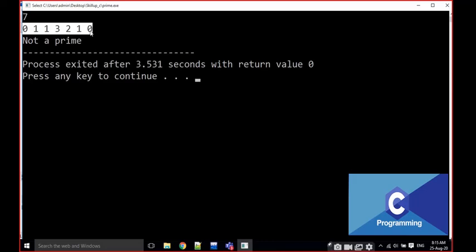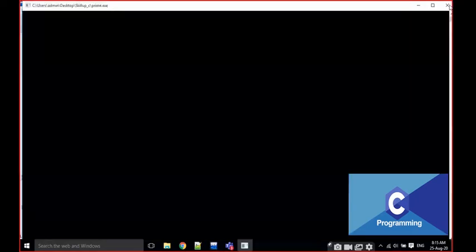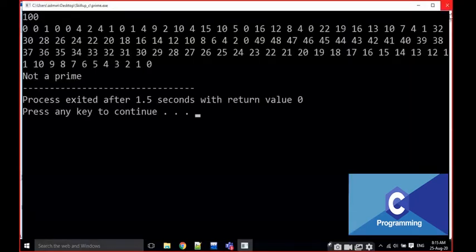There are 2 zeros. That means it is divisible by only 2 numbers. If I give 100 here, look at how many zeros there are: 1, 2, 3, 4, 5, 6, 7, 8. There are 8 zeros here.